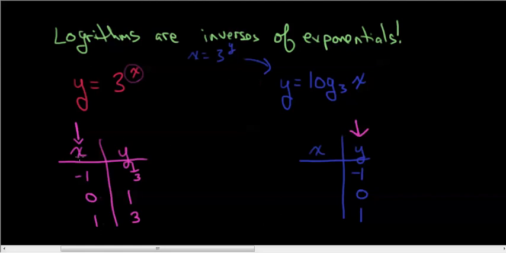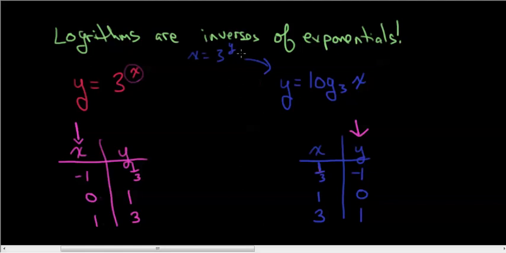So your logarithm then, if I'm getting out -1, what am I putting in? What I'm putting in is 1/3. If I'm getting out 0, what I'm putting in is 1. If I'm getting out 1, what I'm putting in is 3.